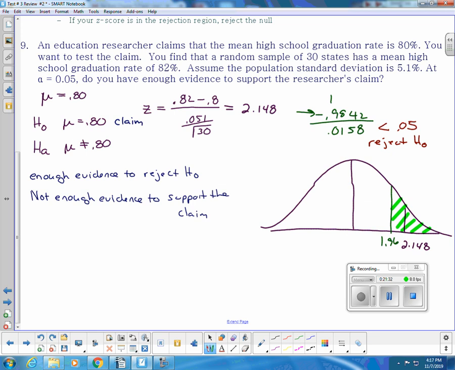Instead of going by our z-scores and placing them on the curve and looking at regions, you're actually going to find the probability, the actual probability, and compare it to the significance level that you've set. Okay? If it's less than the significance level, it's rejected. They're rejecting the null. Okay? So it doesn't matter which way. You still have to find this purple z-score, whether you go by the chart or you go by the graph. Either way.